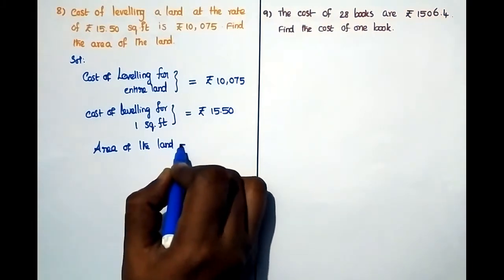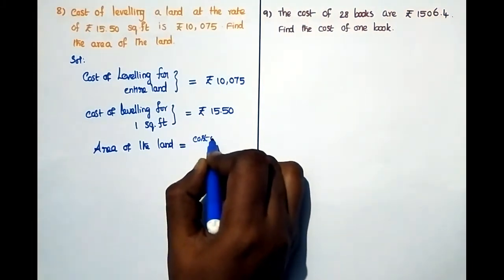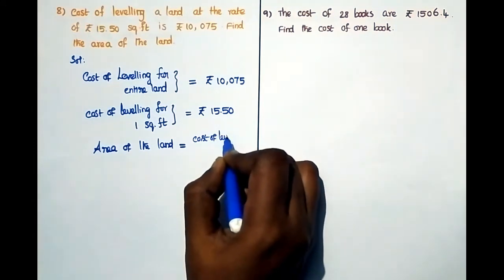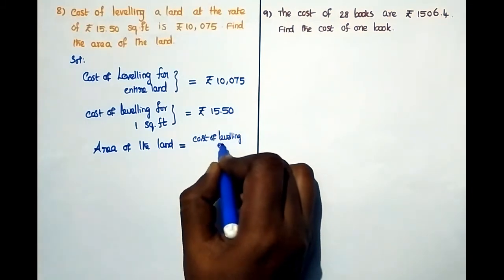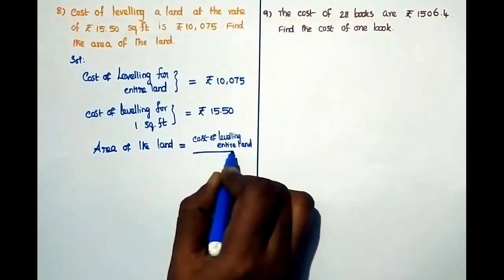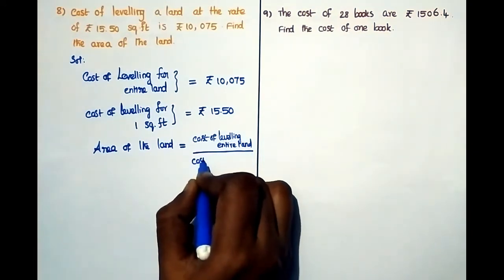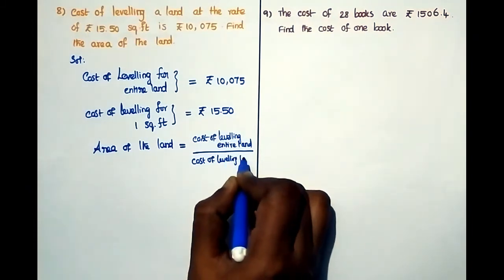Area of the land equal to cost of leveling entire land divided by cost of leveling 1 square feet.